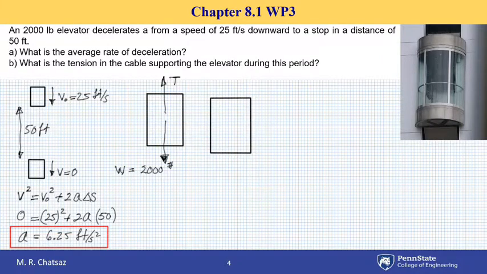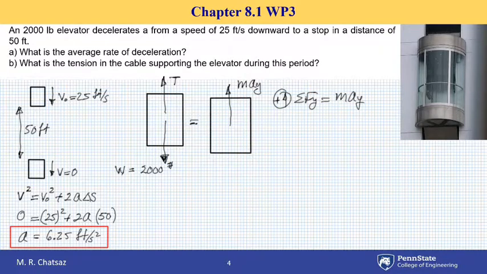Again, I have unbalanced forces. I choose a in the positive direction, ma sub y. Then as far as the equation of motion is concerned, net force in the y direction is ma sub y.